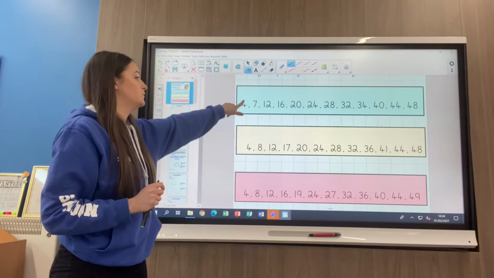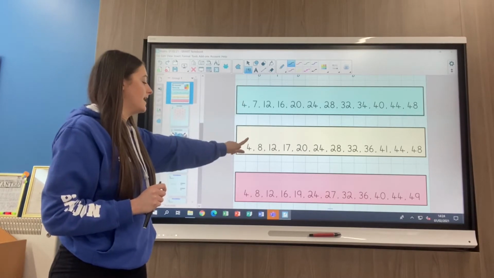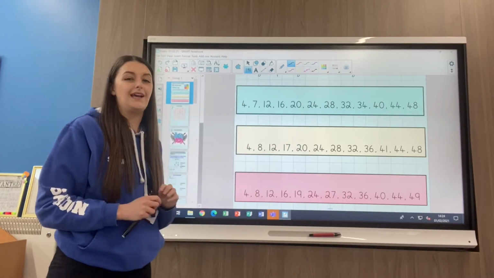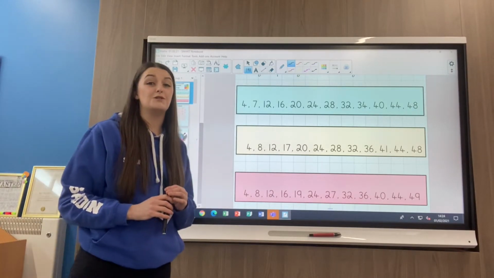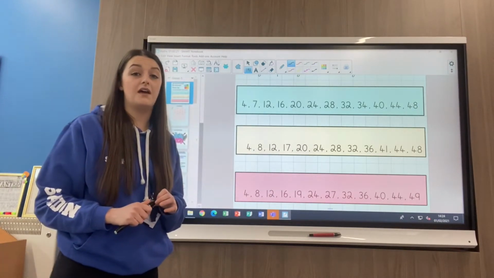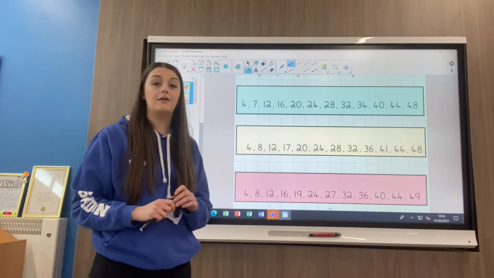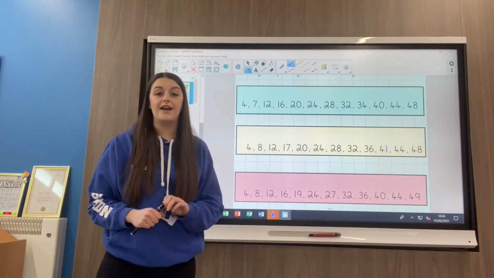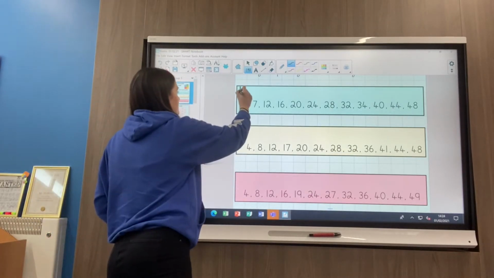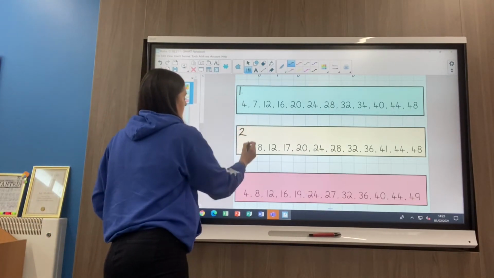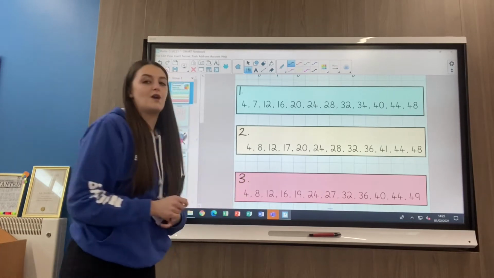I've tried to write them once in the blue box, once in the yellow and once in the pink. But each time I've got a couple of multiples of the 4 times tables wrong, okay? I've written some numbers that don't belong in the 4 times table and I'd like to see if you can spot them, okay? So this is my first attempt, here is my second and here is my third, okay?